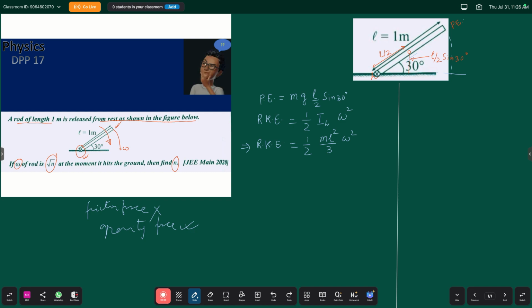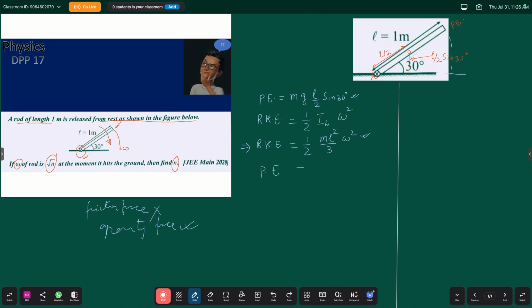So its energy will be conserved. So we can equate potential energy with the rotational kinetic energy. Thus, the whole of the potential energy is changing into its rotational kinetic energy.